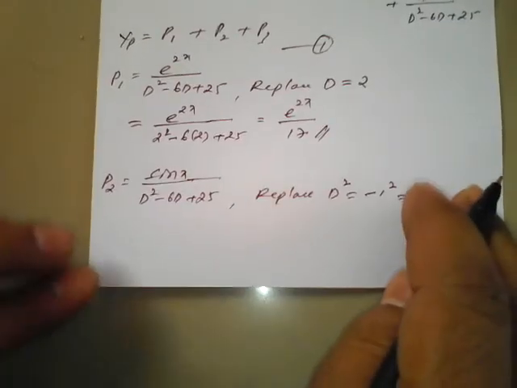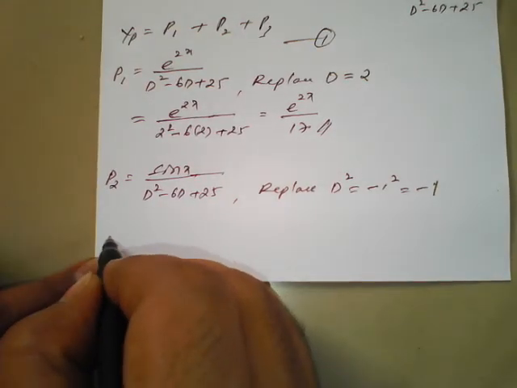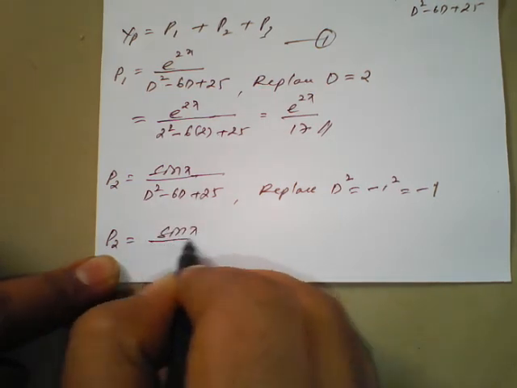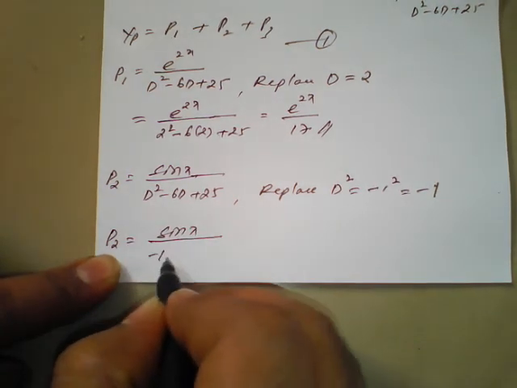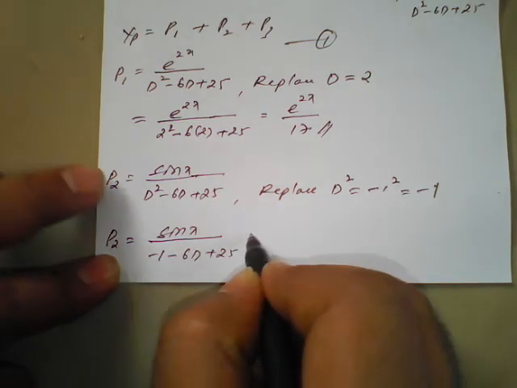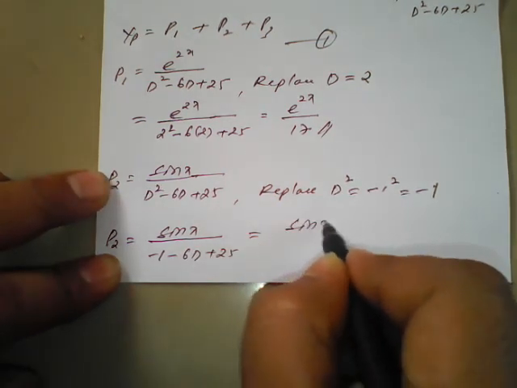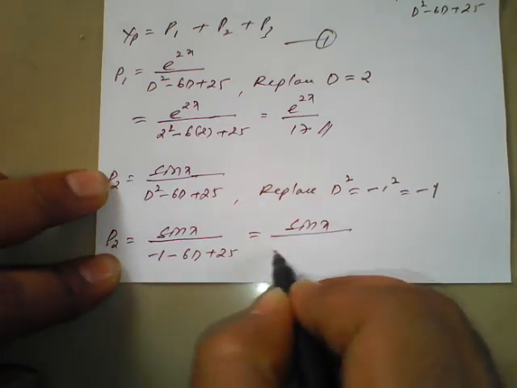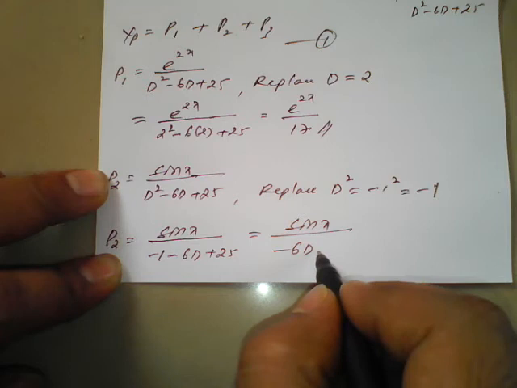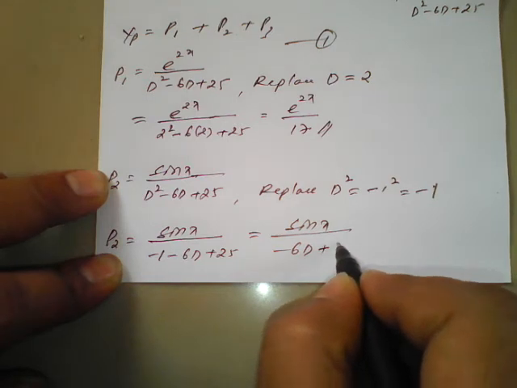So P2 is equal to sine of x divided by minus 1 minus 6D plus 25, which is nothing but sine x divided by minus 6D, and minus 1 plus 25 is nothing but what here? Plus 24.